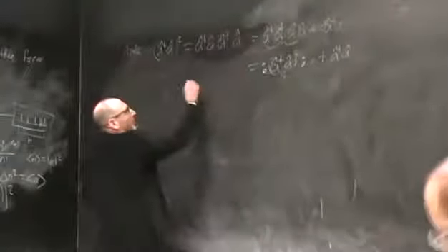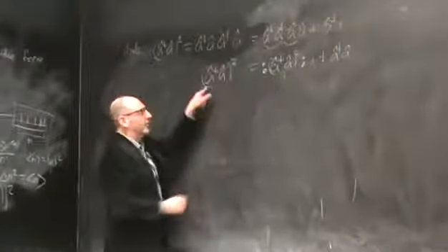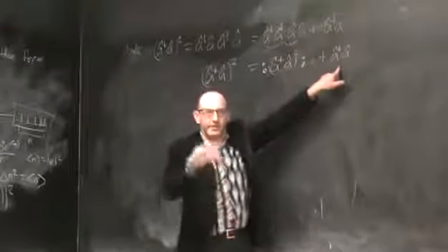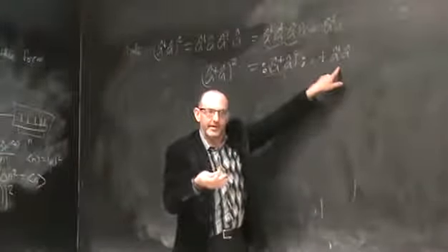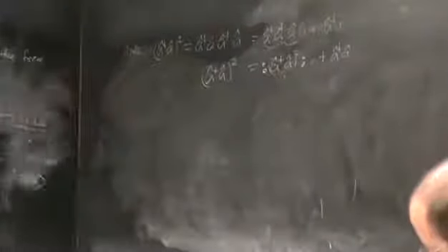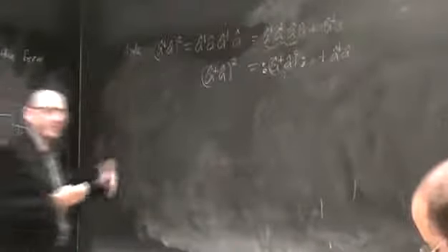So the number operator squared is equal to the normally ordered version plus this other term, which came from the commutator. Somewhat confusing. The double dot means forget about the fact that A and A dagger don't commute.